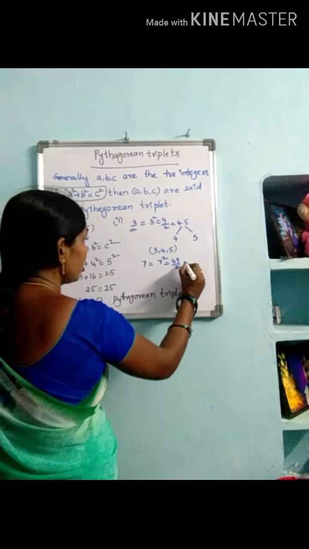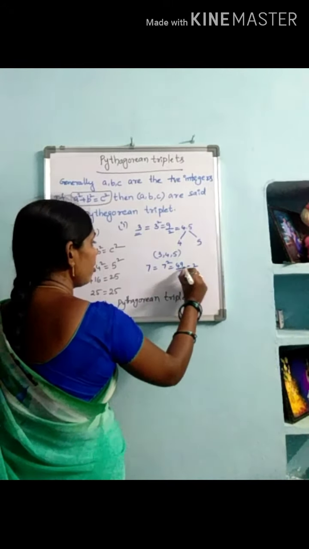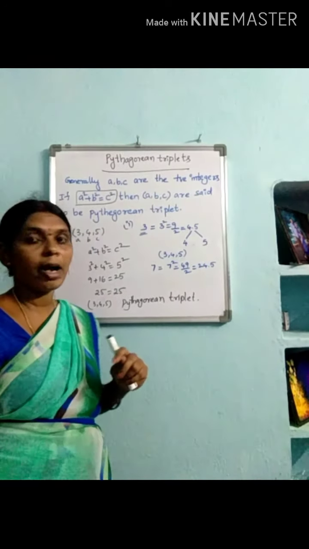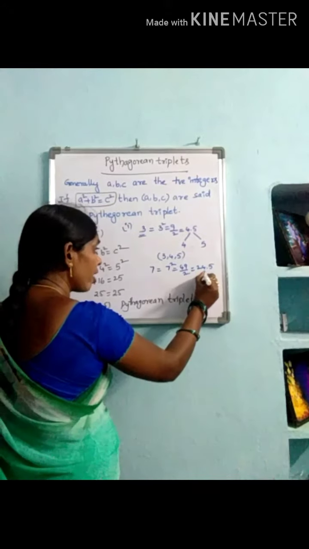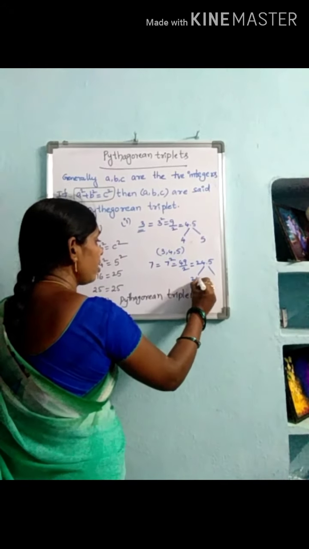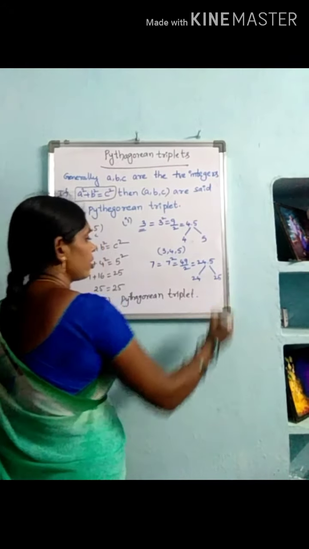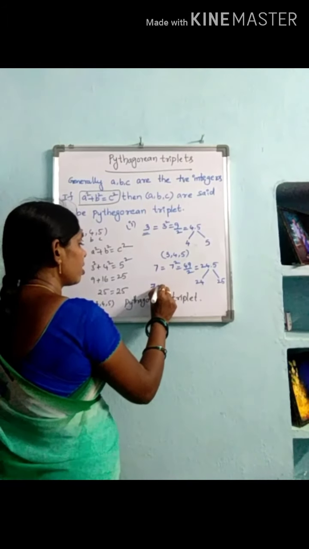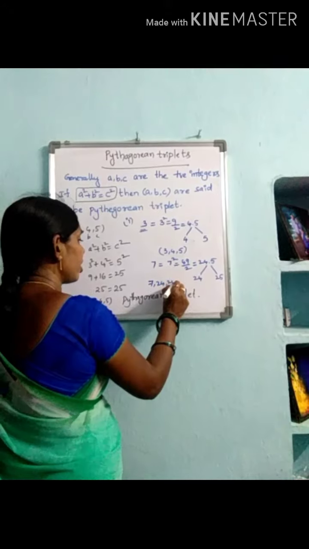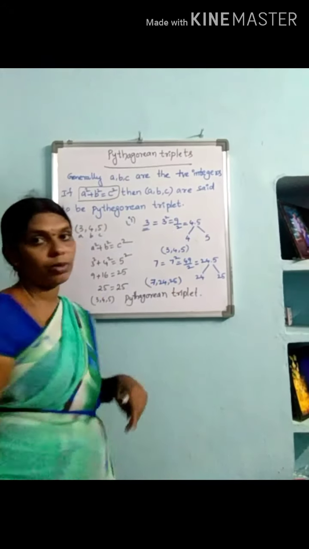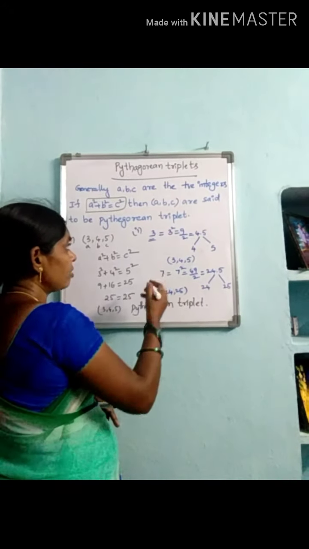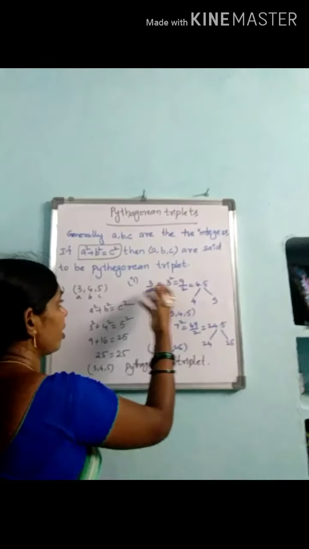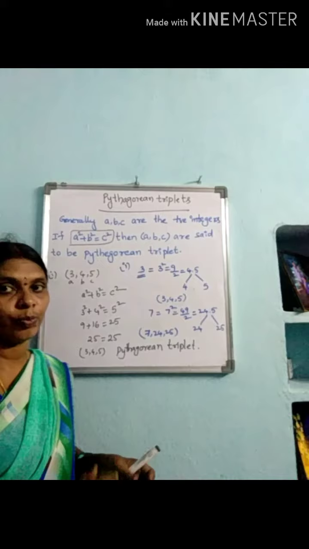So what are we getting here? 24.5. This 24.5 lies between 24 and 25. So then 7, 24, 25 is one Pythagorean triplet. Like this, when an odd number is given, it is very easy to find the remaining two.